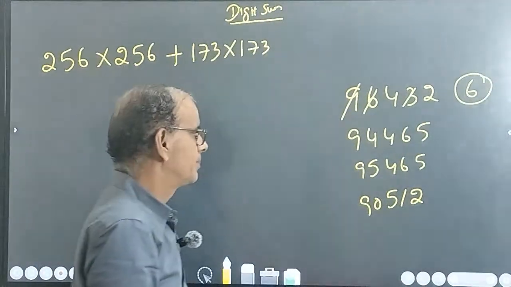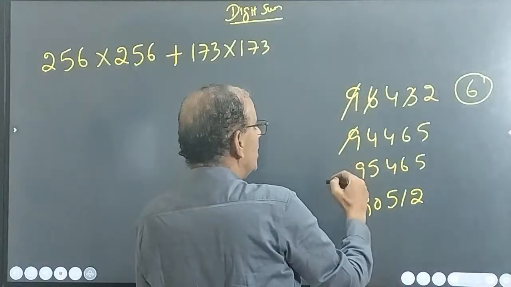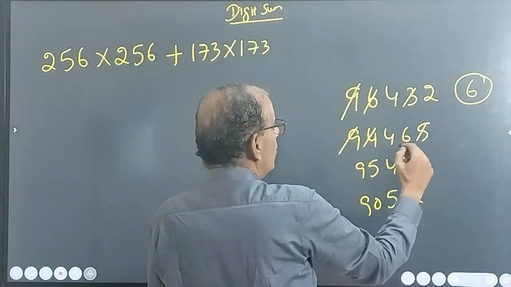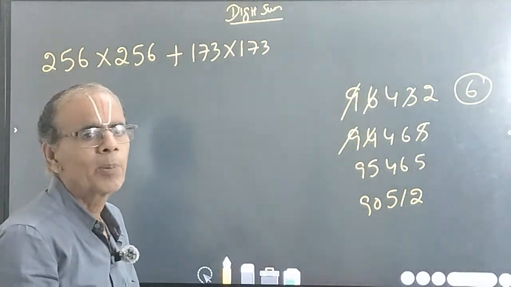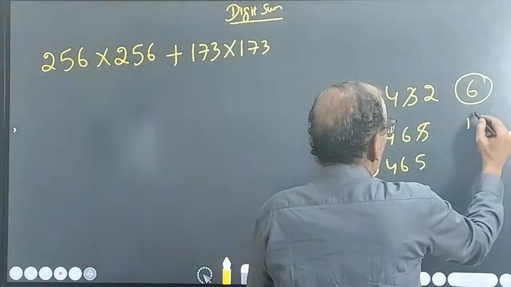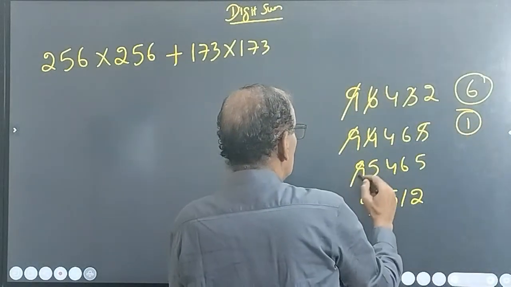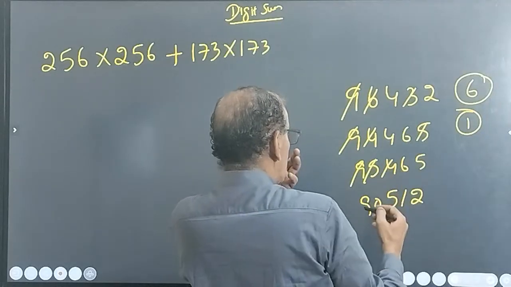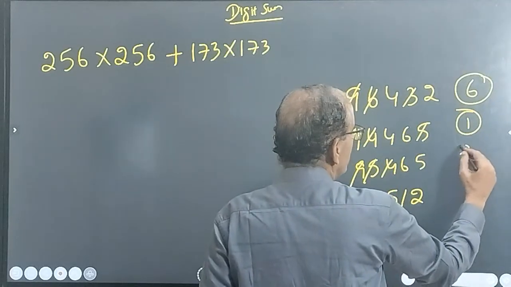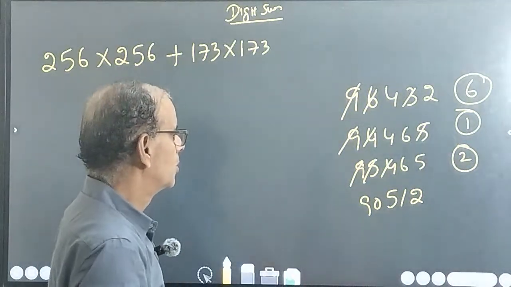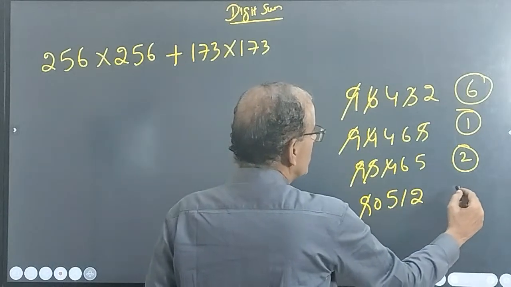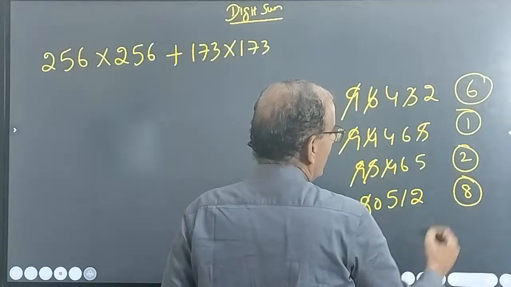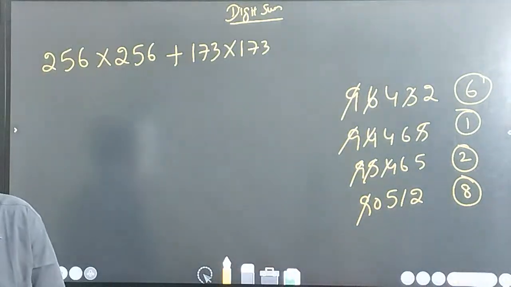That is the digit sum. 9 means 0, 4 plus 5 is 0, 4 plus 6 is 10. 10 means what? 1 plus 0, that is equal to 1. 9 is 0, 5 and 4 is 0, 6 plus 5 is 11. 11 means how much? 1 plus 1, 2. 9 is 0, 5 plus 1 is 6, 6 plus 2 how much? 8. Because I am explaining, it takes time. When you are doing it, you can do it fatafat. Just add.